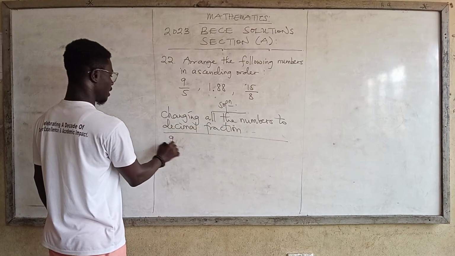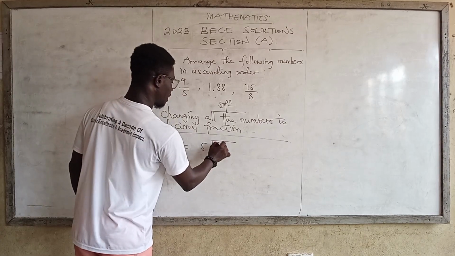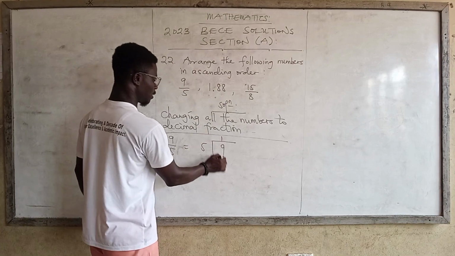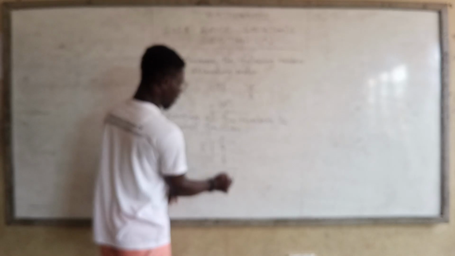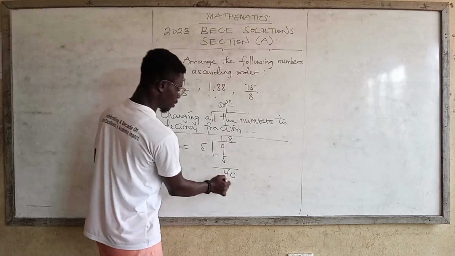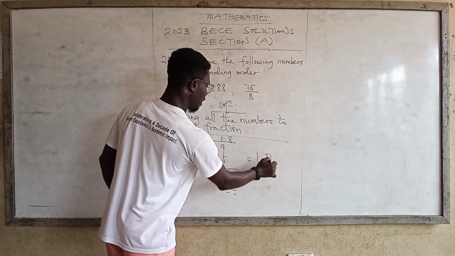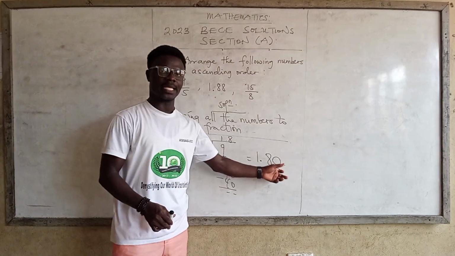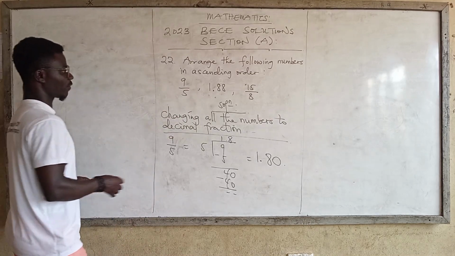So I have 9 out of 5. If you want to change that, 5 out, 9 in. 5 will go into 9 how many times? 1. 1 times 5, 5. We subtract, we obtain 4. We bring down 0. 5 into 40 is 8. We obtain 1.8. So 1.8 is the same thing as 1.80. And this one is already a decimal fraction.